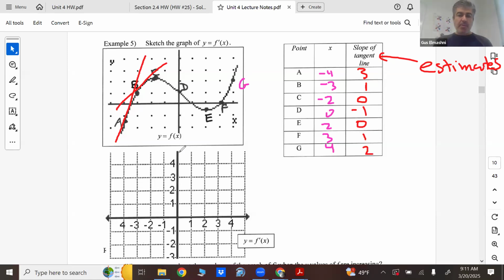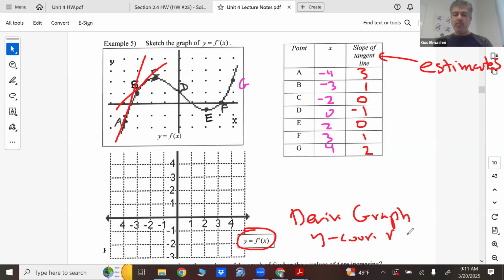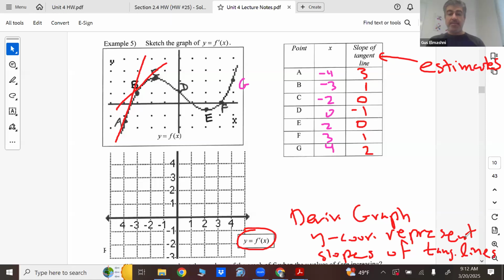So I'm going to plot these points. This is now a derivative graph. The y coordinates represent the slope of the tangent lines of f of x.